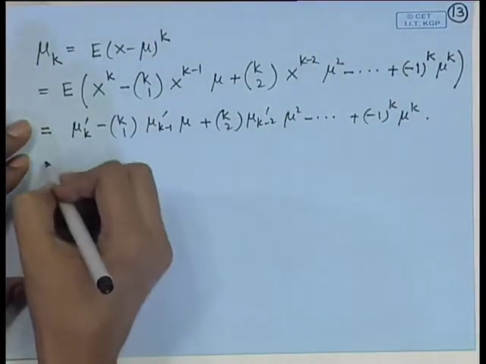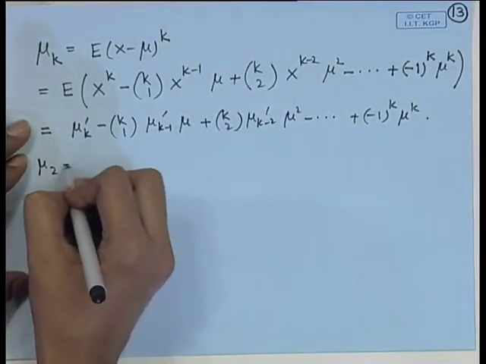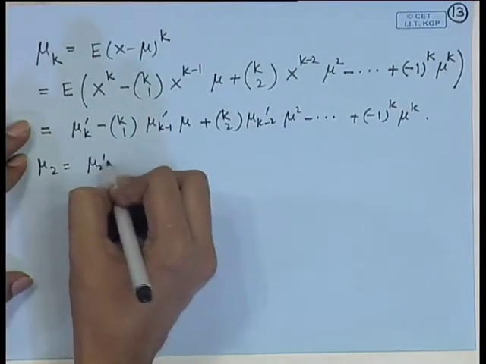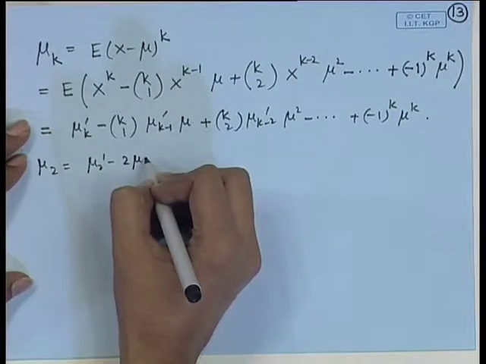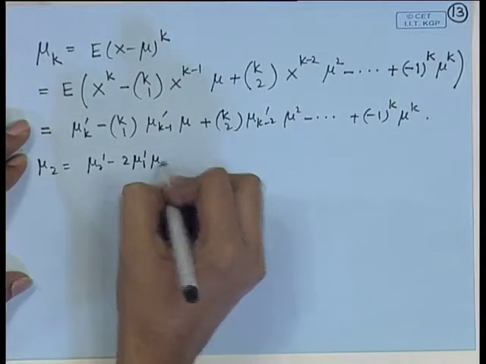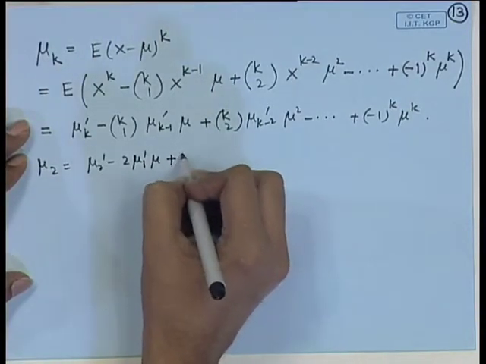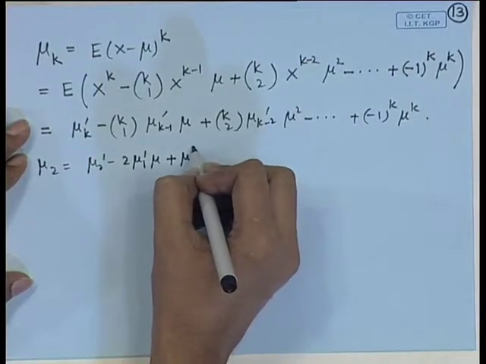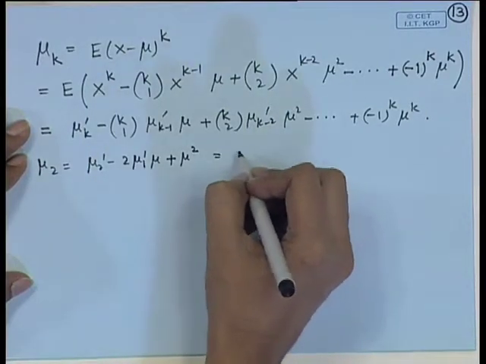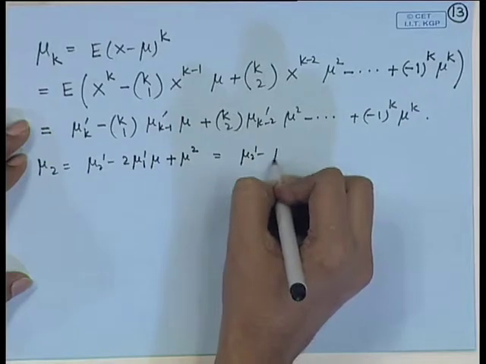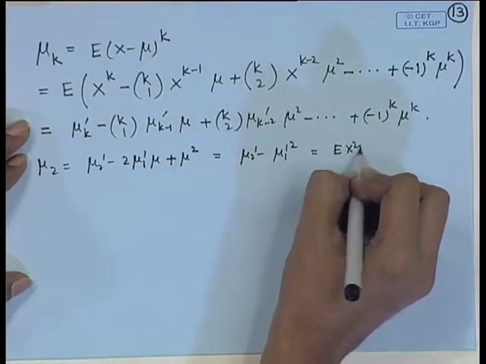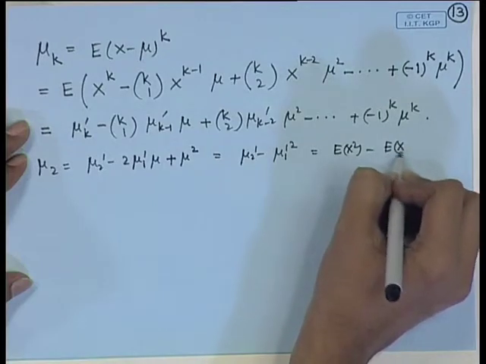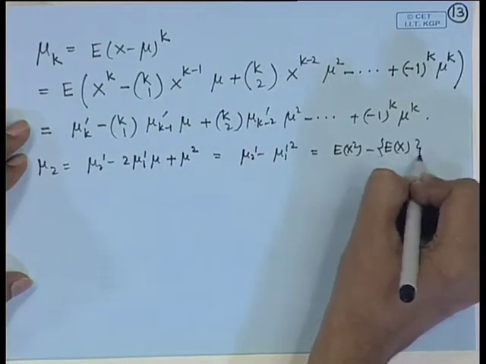In particular we can write mu 2 is equal to mu 2 prime minus 2 mu 1 prime mu plus mu square, which is equal to mu 2 prime minus mu 1 prime square, or expectation x square minus expectation x whole square.